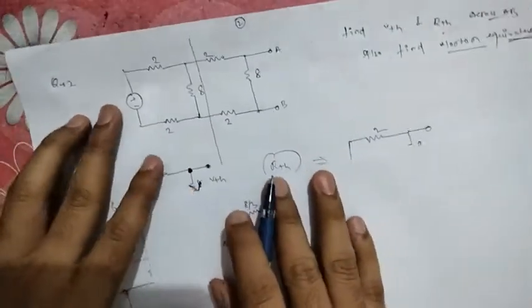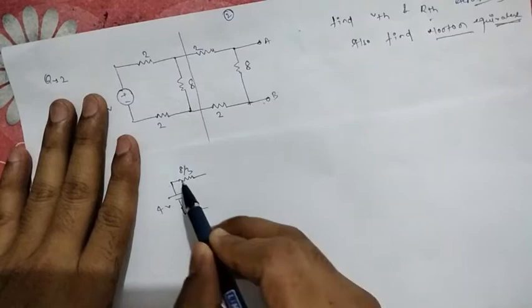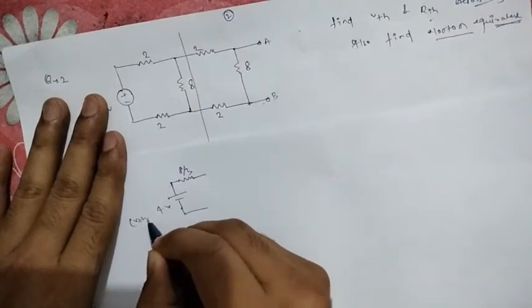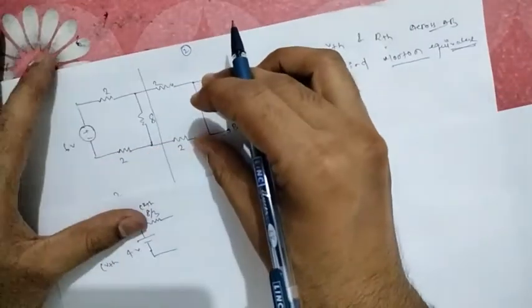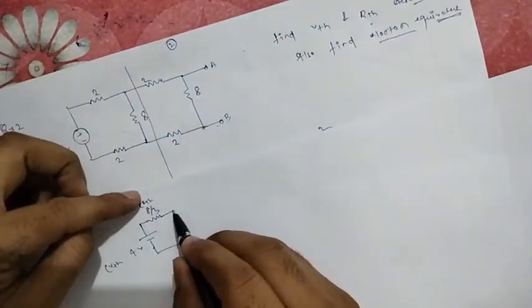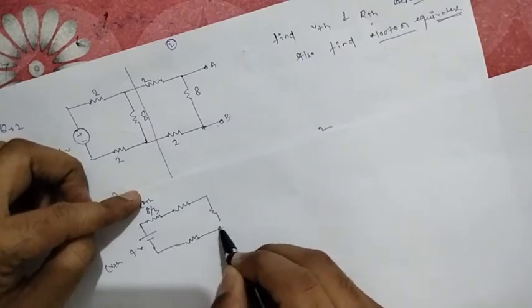After breaking this circuit, this is the VThevenin and this is your RThevenin. Now we are left with this circuit. What is that circuit? 2 ohm, 8, and again 2 ohm.